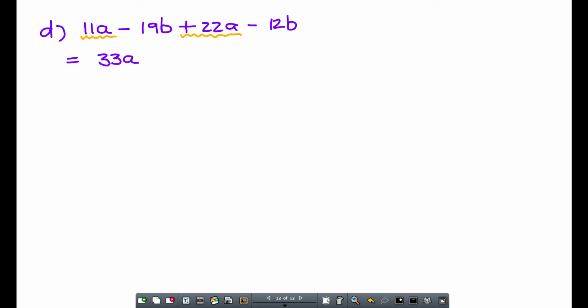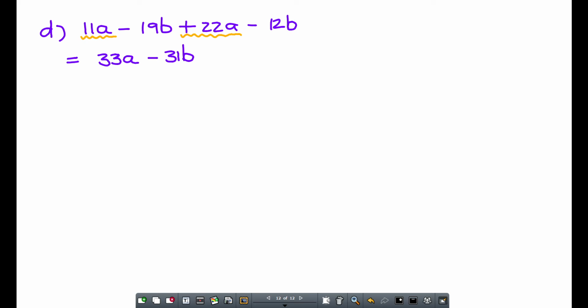Then minus 19B and minus 12B are like terms, and if I subtract those, it's going to give me minus 31B. You guys good with that? Okay. Remember, if you used any other combinations, it would definitely be wrong. I can only put those together that have the same unknowns, meaning like terms.